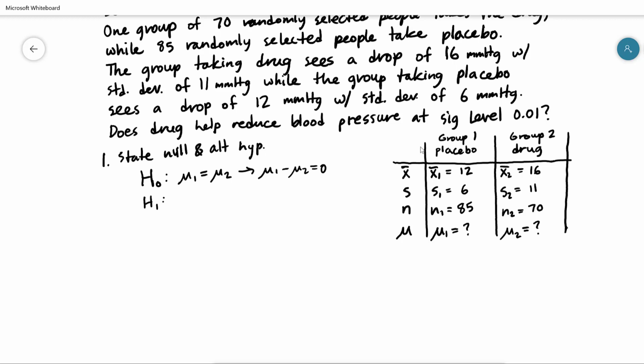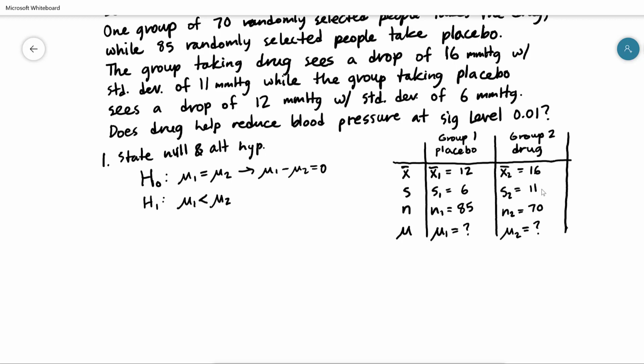The way that I know this is going to wind up being left-tailed is because, in this case, our evidence shows that the people that took the drug saw a larger drop than the people that didn't. So basically, comparing mu1 and mu2, it looks like it should go this direction.